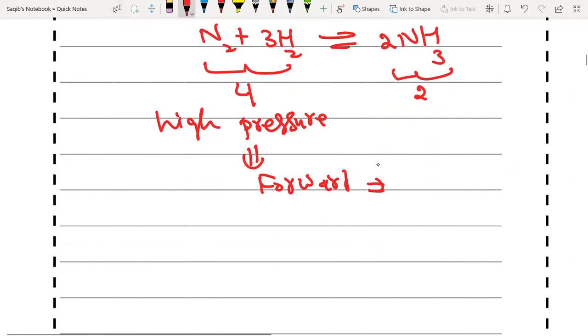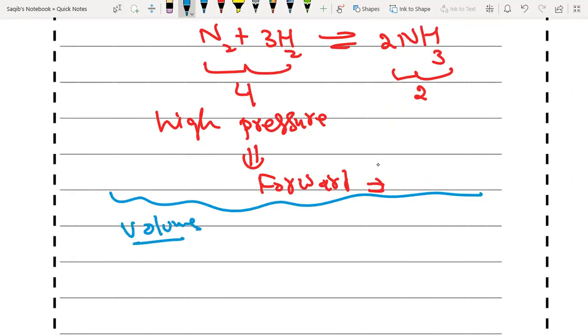You know the simple law, that is Boyle's law. What will be the effect of volume? As we know, pressure is inversely proportional to volume, or you may say that volume is inversely proportional to pressure, which is the more appropriate way to express it.